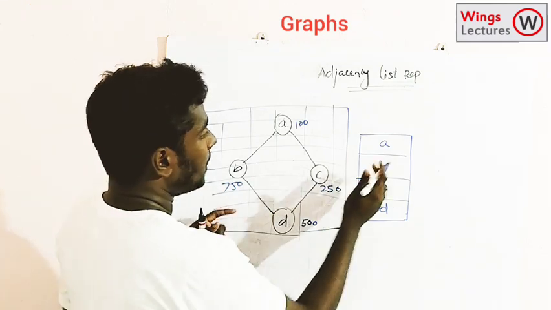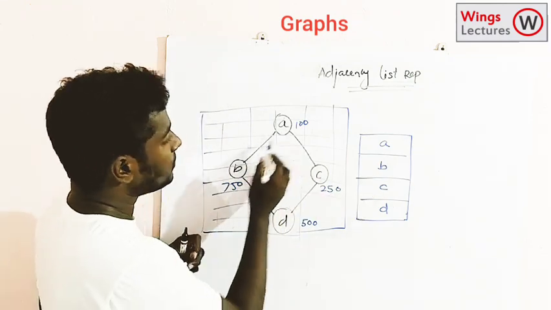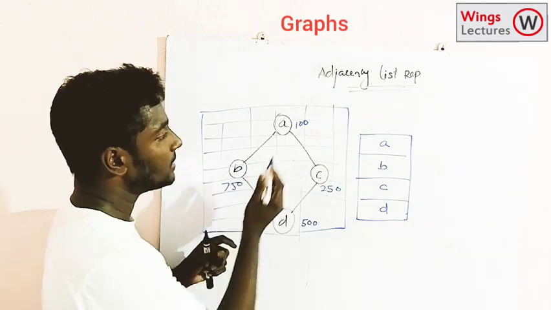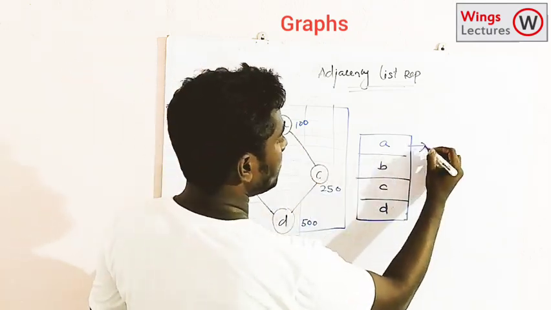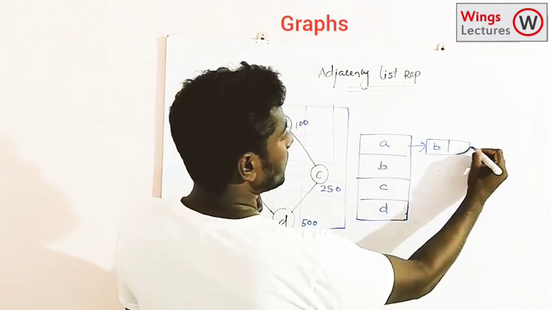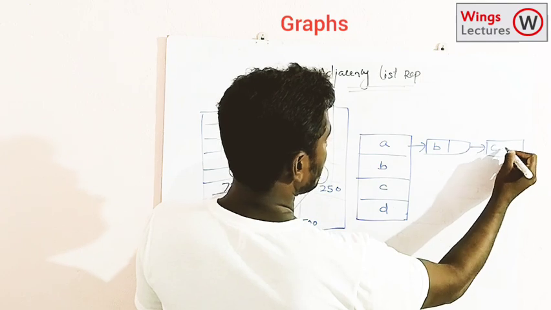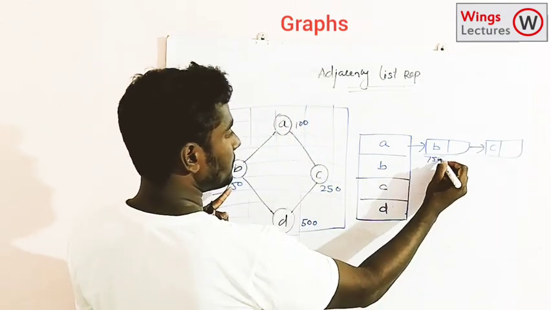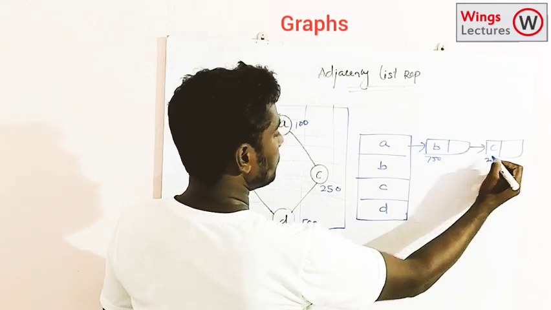See, from A there is a connection to both B and C, right? So there will be a connection from A to B, and a connection to C as well. What is the address for B? 750 and 250.